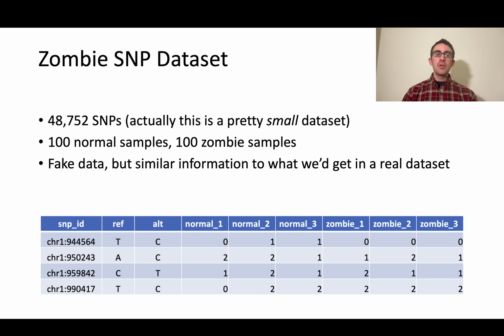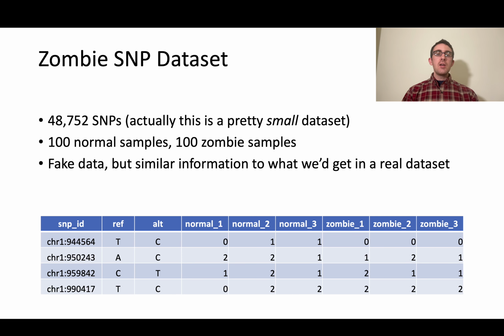So the reference genome tells us the coordinate, and it also tells us, for the reference genome, what letter it has there. In this case, for this first SNP, the reference allele is a T. That's the reference letter in that position.